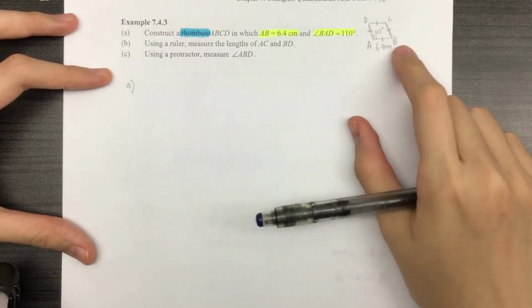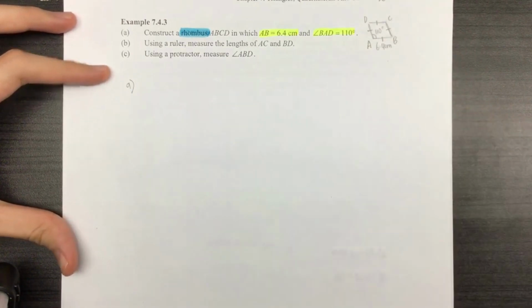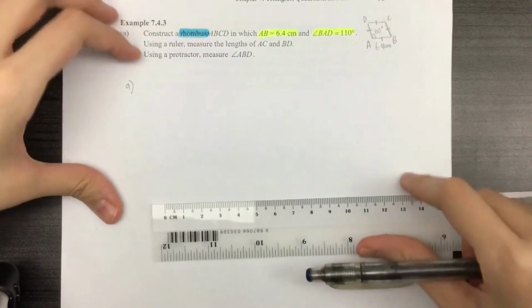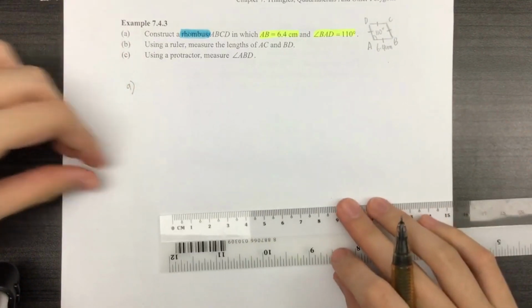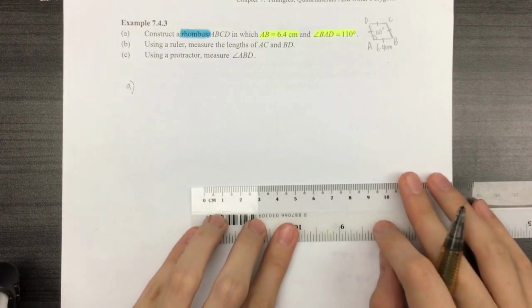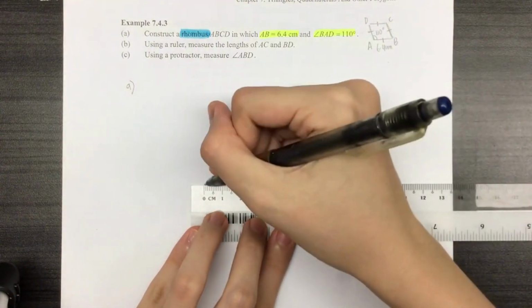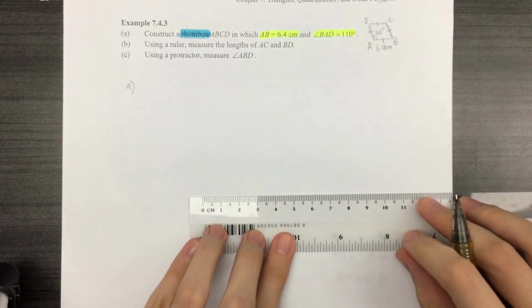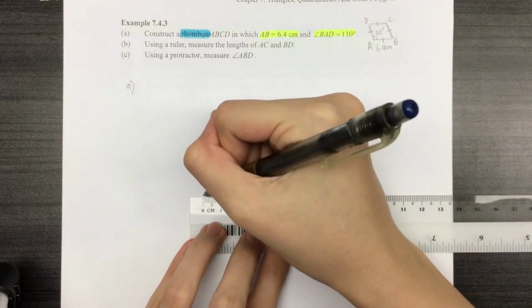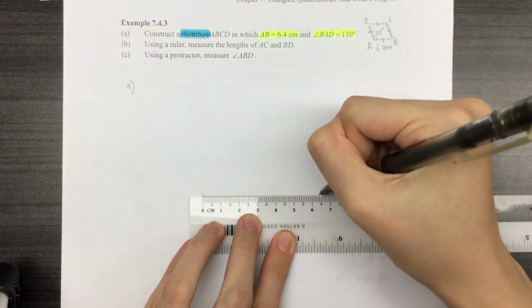So this is the diagram that you should construct. We'll start off with the line segment AB first. I will use my ruler and measure from 0 to 6.4.